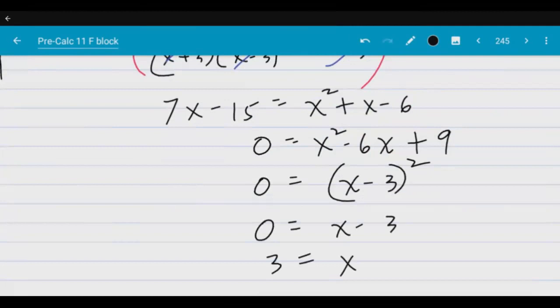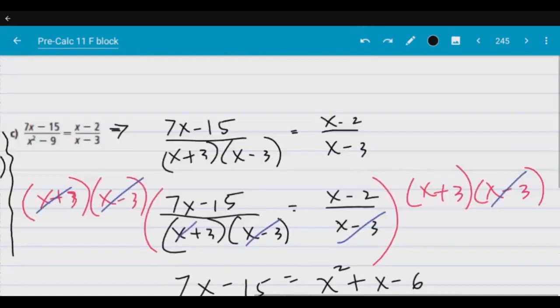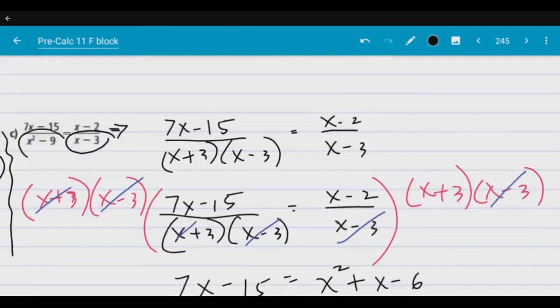Okay. Now, guys, at this time, you might want to do the check part because if you think about this solution, x equals 3. Oops. Isn't it that it is a non-permissible value? Look at this one and this. If x is equal to 3, this becomes 0.